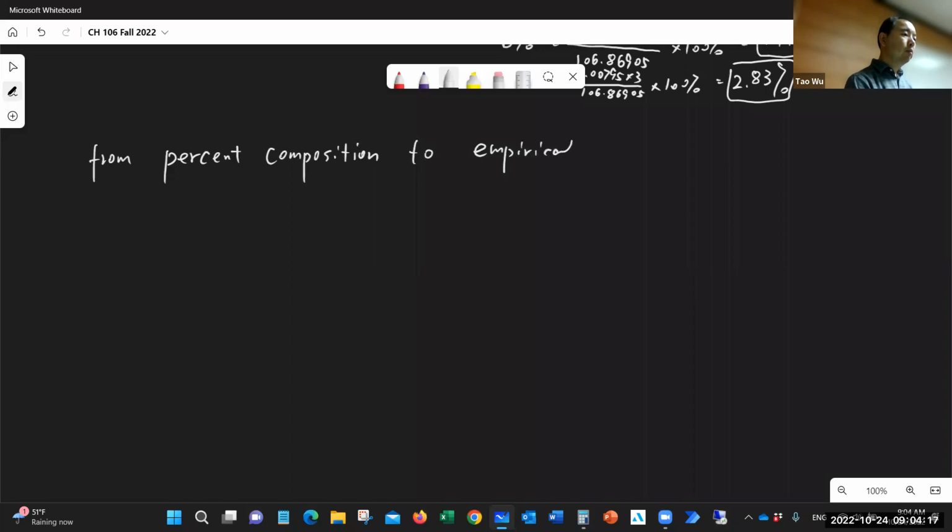The next concept is going from percent composition to empirical formula.